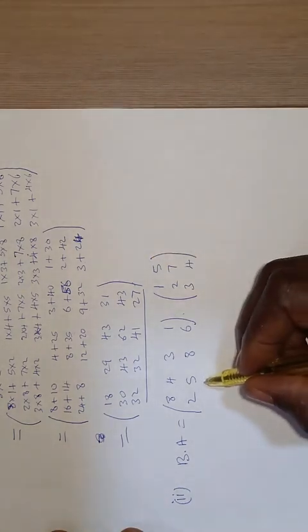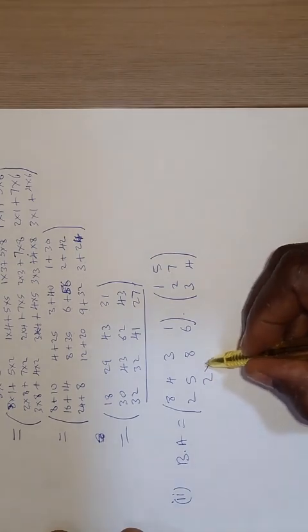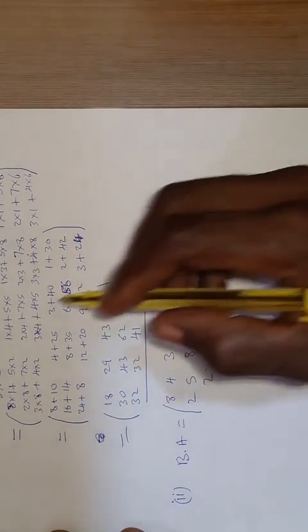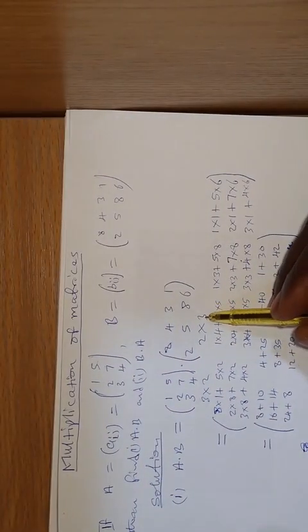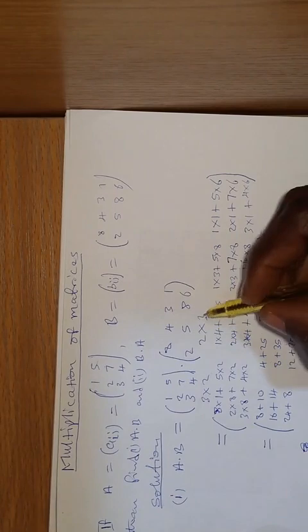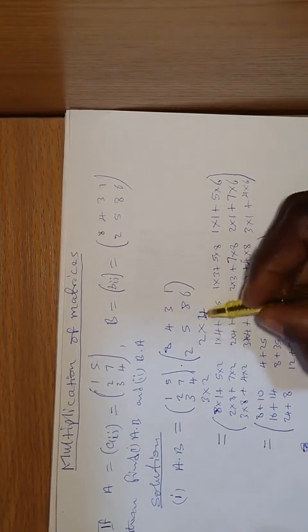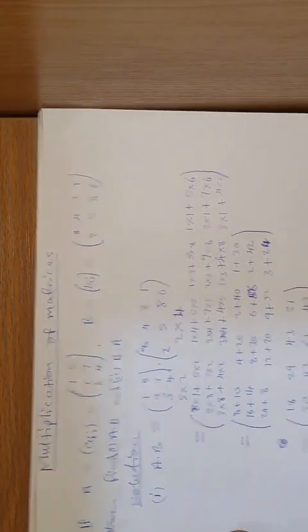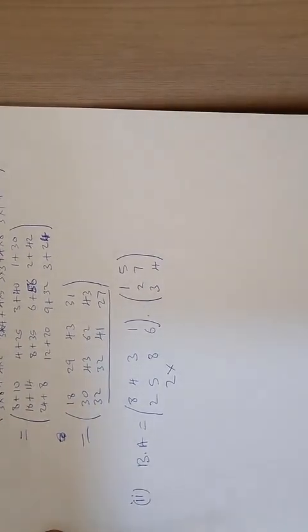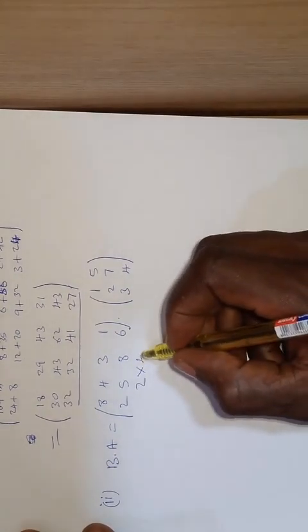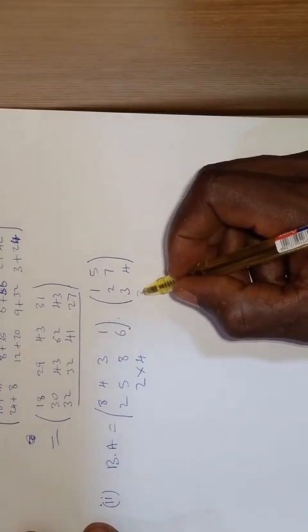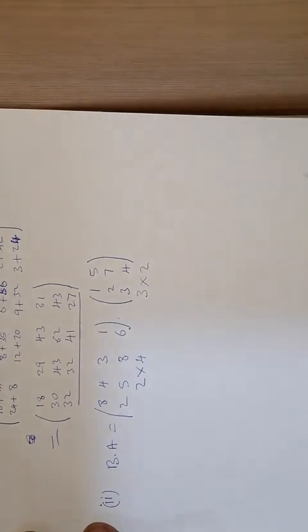So let's see, if you remember from here, this was supposed to be a 2 by 4 matrix, not a 2 by 3 matrix. So this one here is a 2 by 4 matrix, and this is a 3 by 2 matrix.